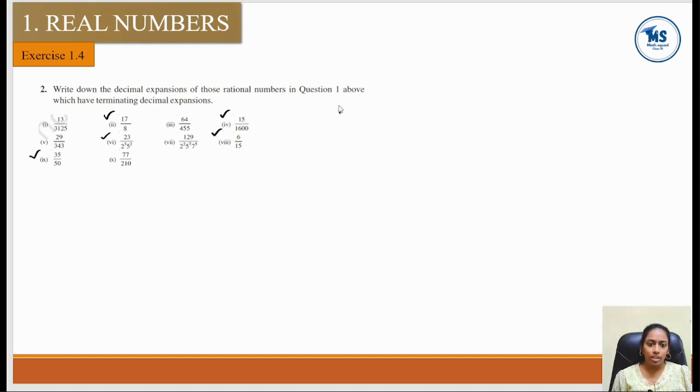For the second question I'm doing it here. 17 by 8, I'll write it as 2 cube. Then I'll multiply and divide by 5 cube.